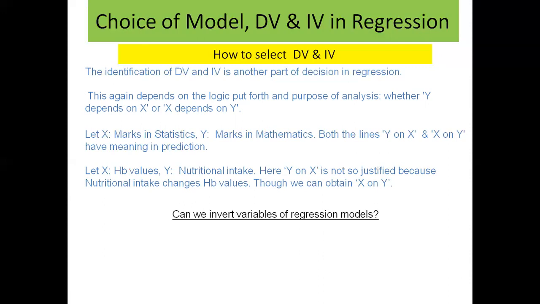Now, if I solve this equation for x by transferring the left hand side to the right hand side, does it have the same meaning as x on y? No, we cannot transfer the sides to show the dependency of the other variable on the dependent variable.